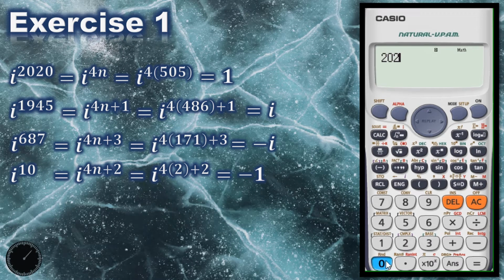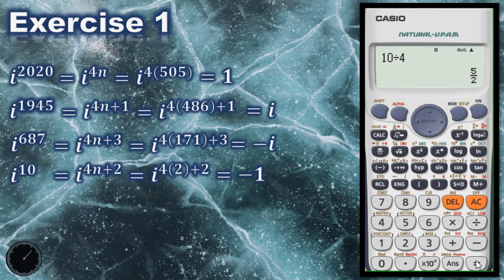Then 2020 divided by 4 gives us 505, no remainder here, and 1945 divided by 4 will give us 486 and 1 over 4, the 1 is the remainder. Then 10 divided by 4 gives us 5 over 2, which is 2 and 1 over 2.